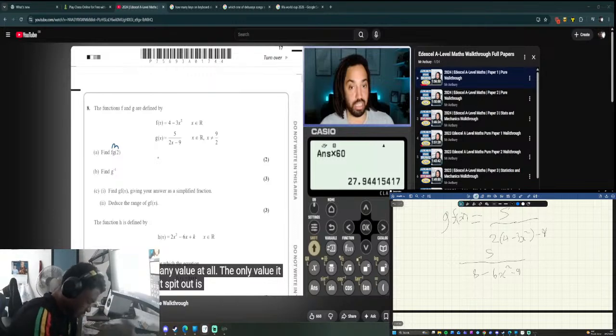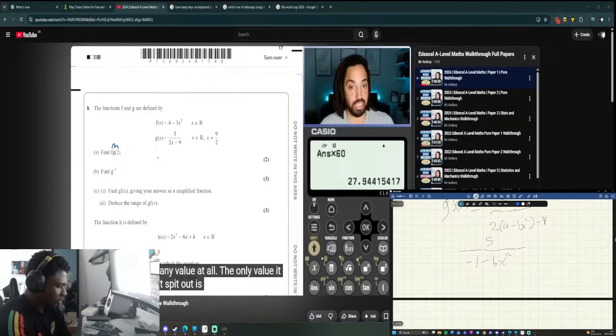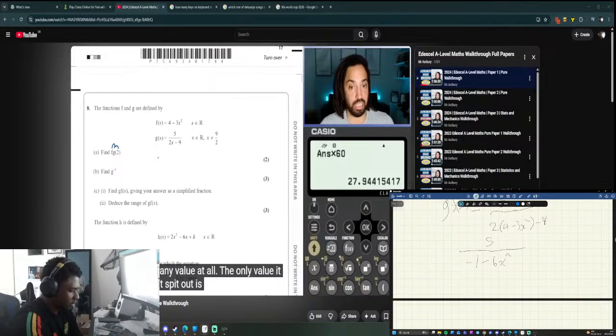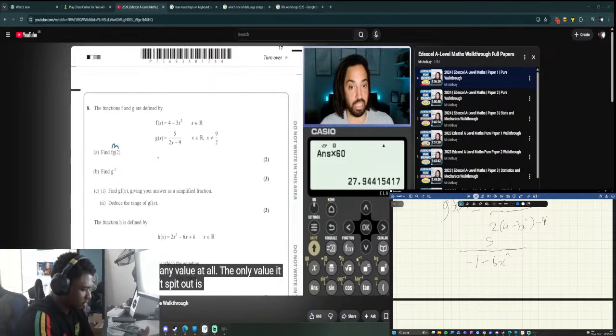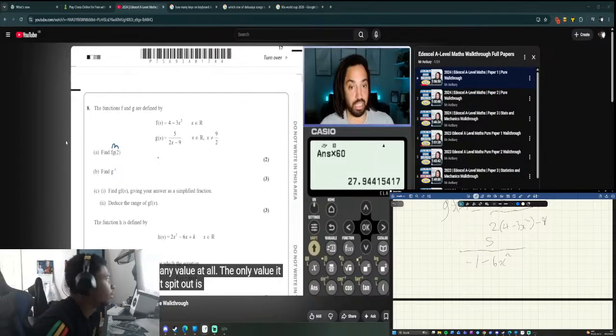So 8 minus 9 is minus 1. Minus 1 minus 6x squared. This is pretty simplified, is it not? I think it's been pretty simplified. He's gonna tell me otherwise though.